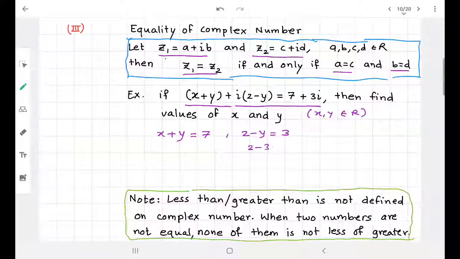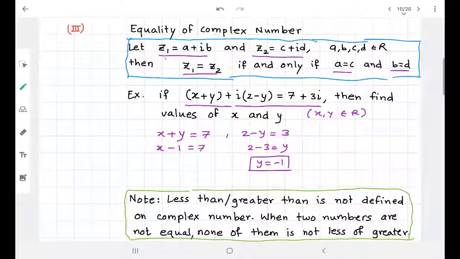So we have 2 minus 3 is equal to y, so y is equal to minus 1. And if I put y is equal to minus 1, we have x minus 1 is equal to 7. So x is equal to 7 plus 1, which is 8. So yes, we got the answer. We found out the value of x and y for the given condition.